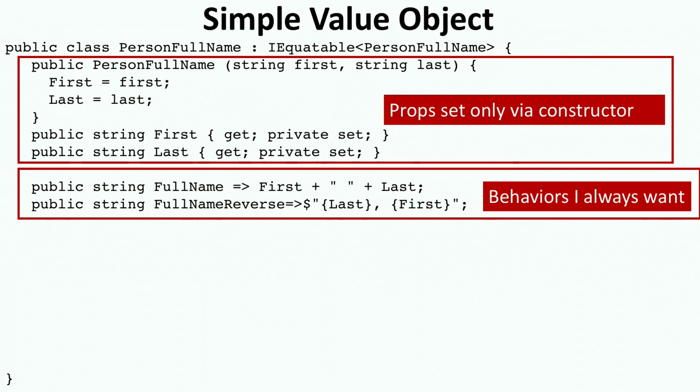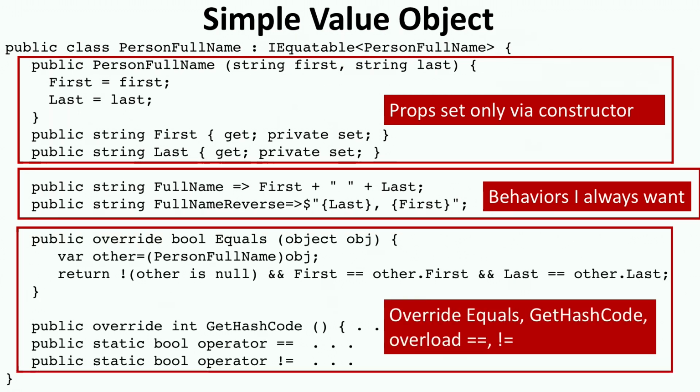Another question is, why would I even do this? Well, a name is something I'm going to be using with a lot of different objects in my domain, and I have the same rules I want to fulfill for the name every single time. So I'm encapsulating this in this object. Here are things I want to be able to do: return a full name, return a reverse full name.